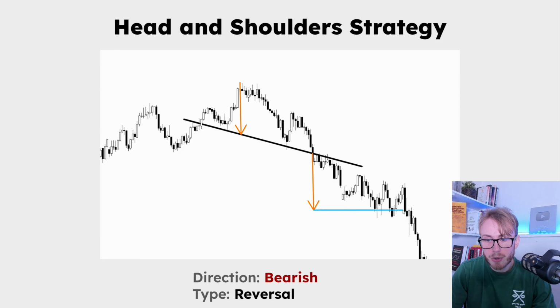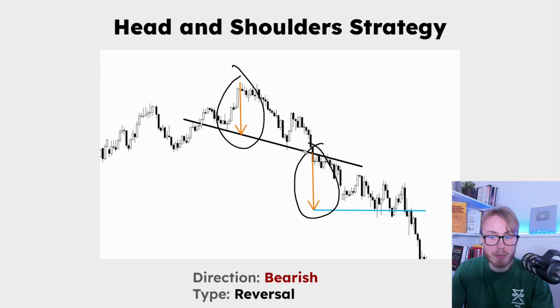The benefit using this approach is that your target level can many times be a bit tighter, but depending on how the pattern looks, sometimes when we do this kind of measured move, the target level will actually be further away compared to a 2-to-1 risk to reward. So this will depend on a case-by-case basis.